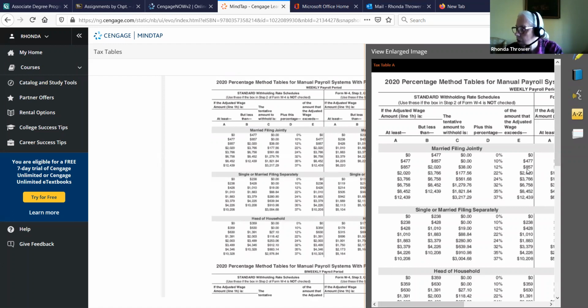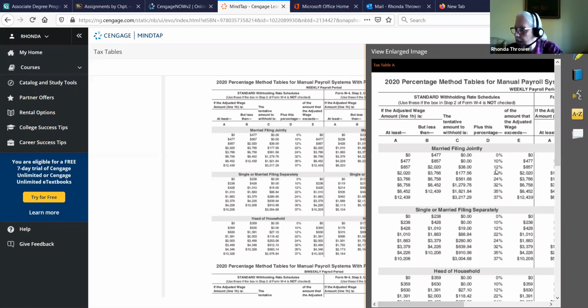The salary amount was $1,575 minus $857. The difference is $718. We're going to multiply that by the percentage, 12%.